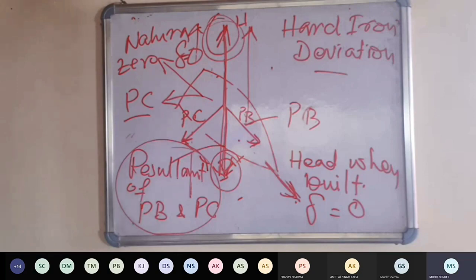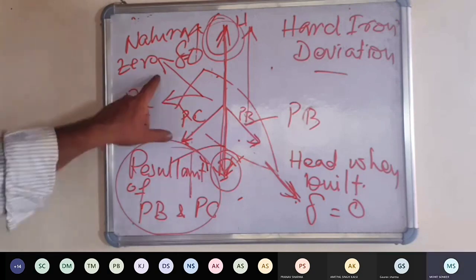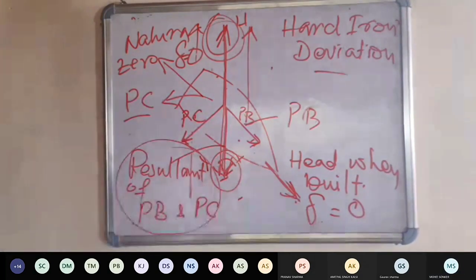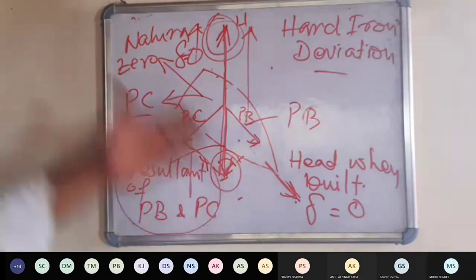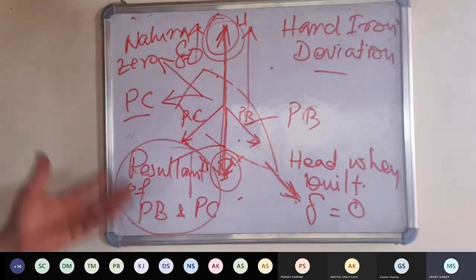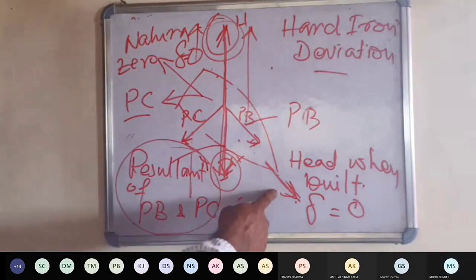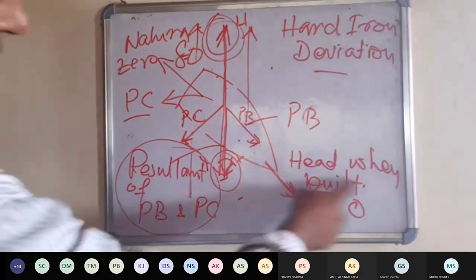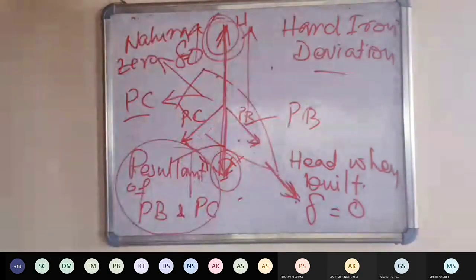Sir, why do we call this natural zero? Natural zero because in these two conditions the deviation is going to be zero. Is that correct or not? Yes sir. So for this, this is natural zero. Okay sir. Yeah, simple as that. The heading on which the ship was being built is named by the same thing, heading when built.